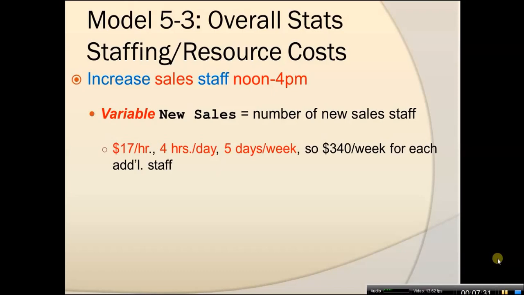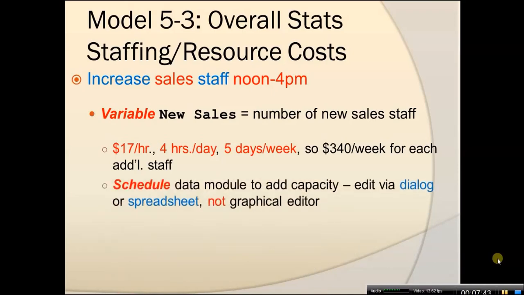So when we multiply all of that together, 17 by 4 by 5, or 17 by 20, you're going to get $340 per week for each additional sales staff. That's a value that we're going to use later when we compute those operational measures.